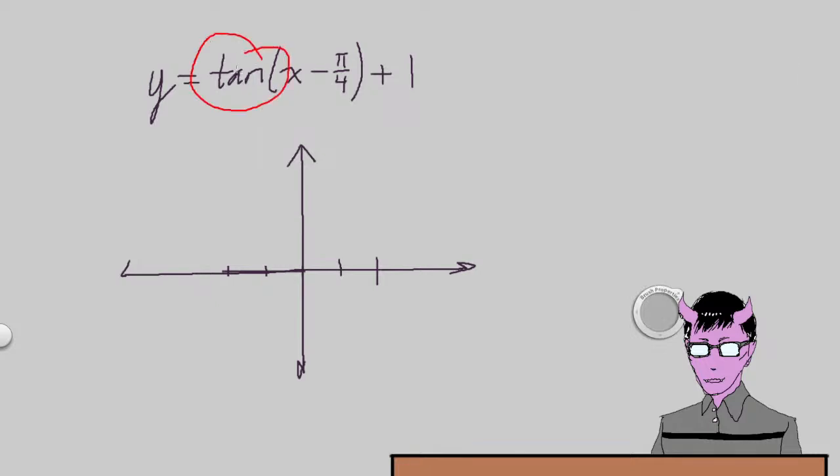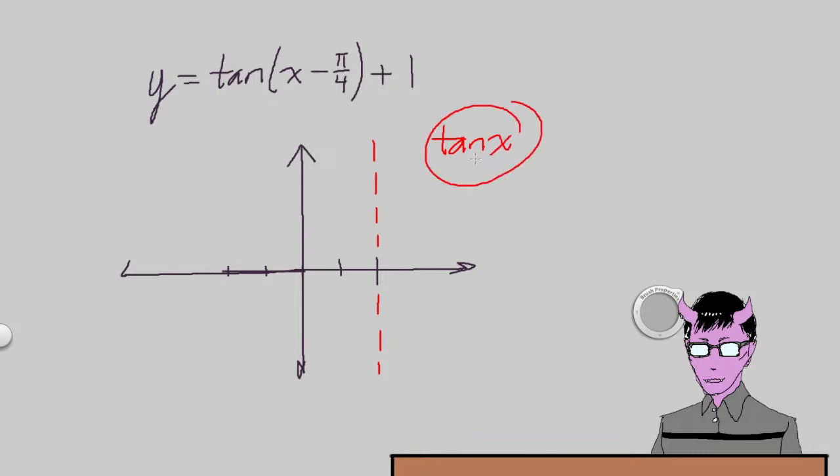Okay, and because this is a tangent function, this is an unmodified period change. So how do we reach the first vertical asymptote? It's if we input pi over 2, not counting the shift just yet.